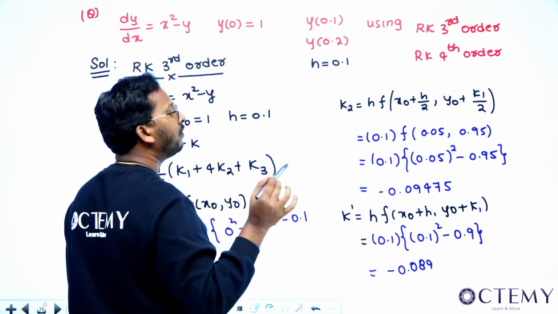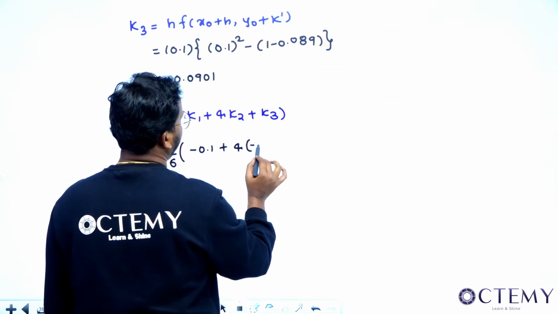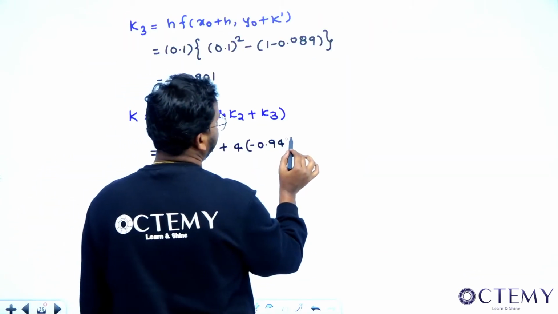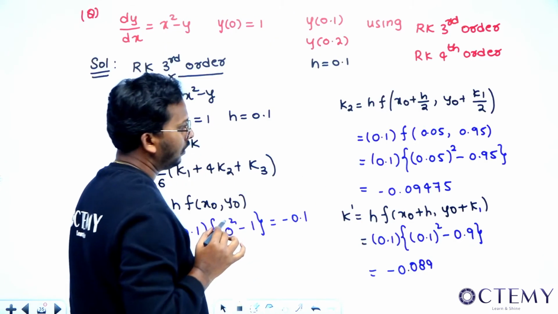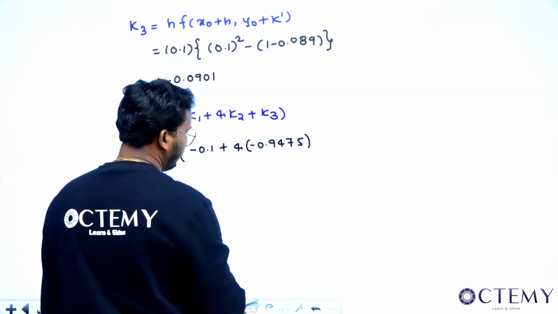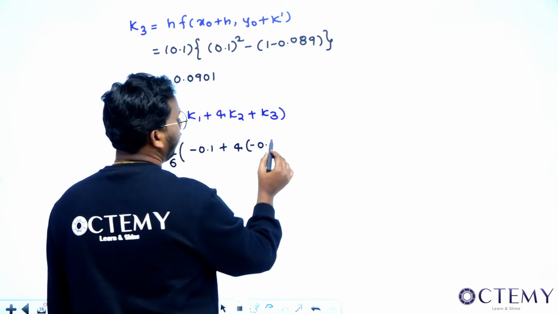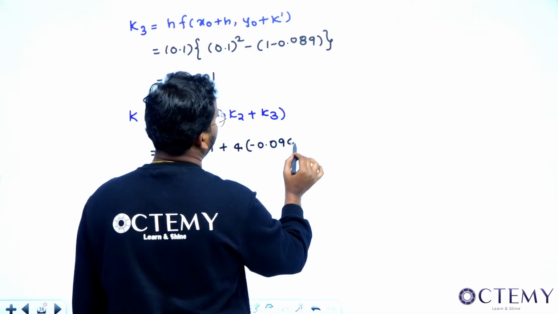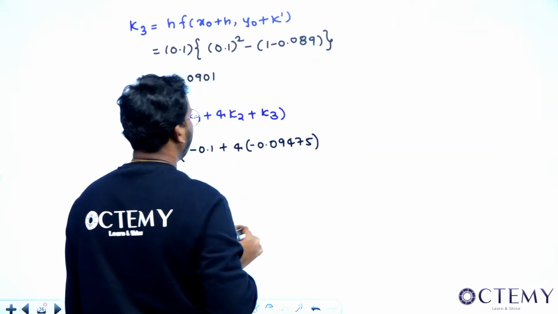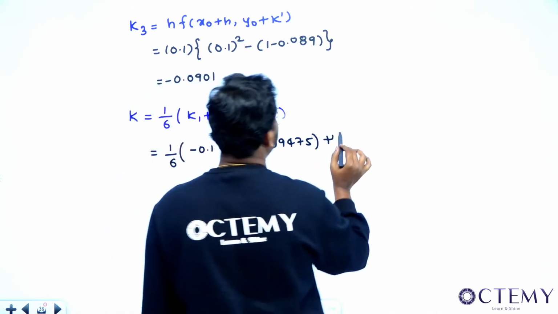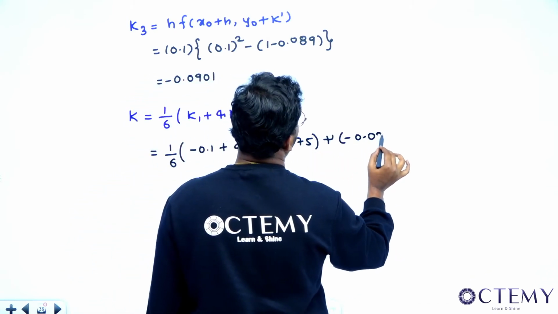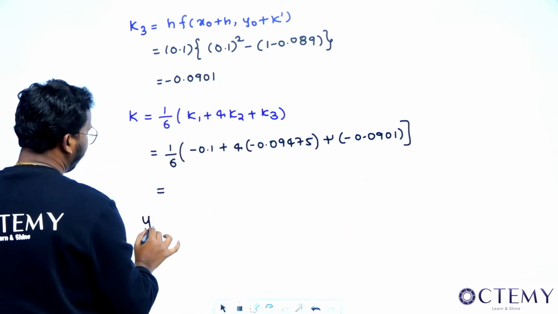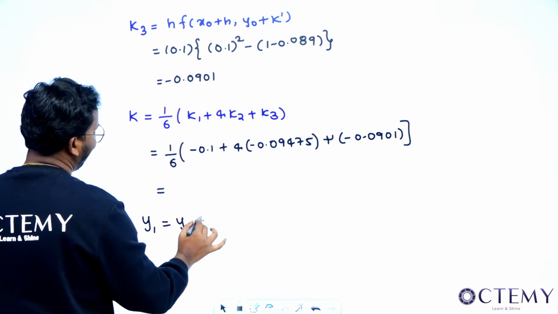Minus 0.09475. We forgot a 0 here, so you can write it as 0.09475. Plus what is the value of K3? That is minus 0.0901.